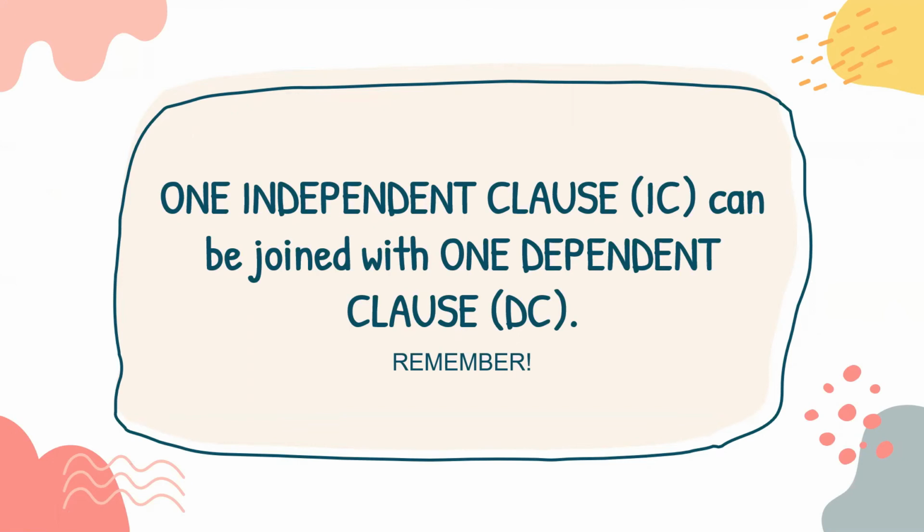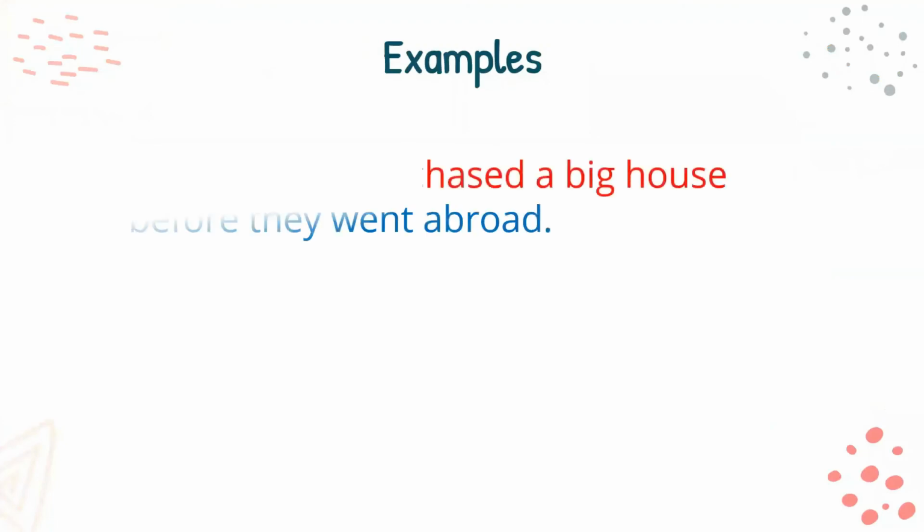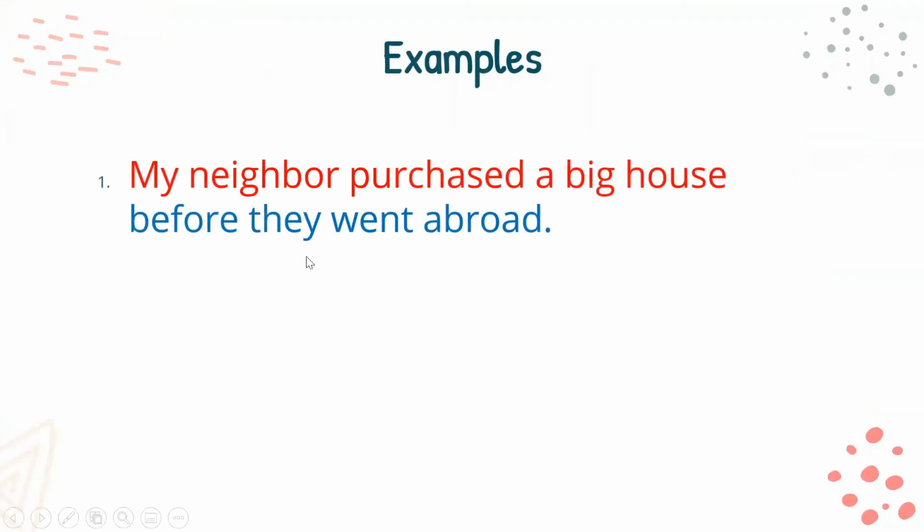Okay? So to complete a dependent clause, it needs the help of an independent clause. Alright? So let's do this. Let's see if you understood the difference between an independent clause and a dependent clause. My neighbor purchased a big house before they went abroad.